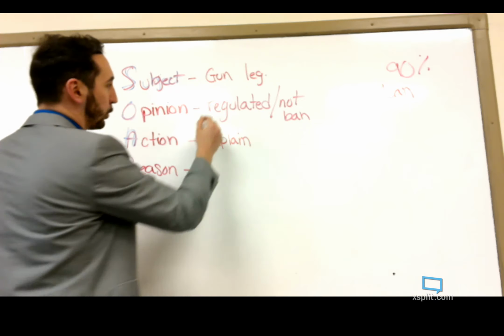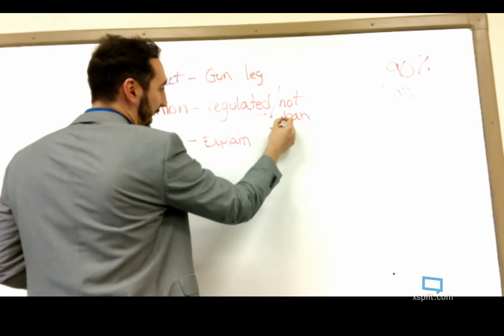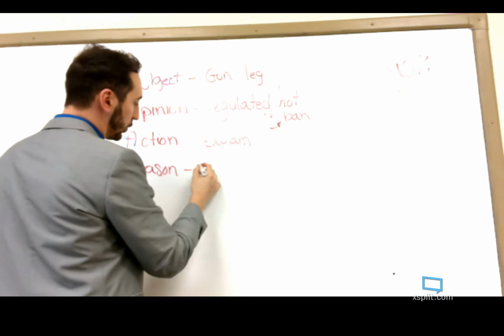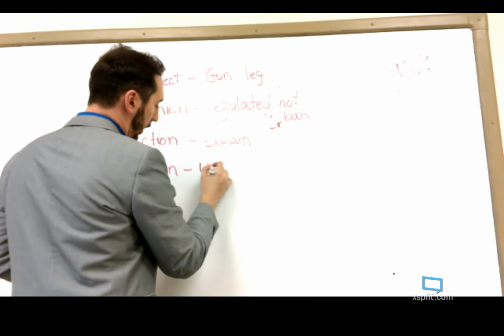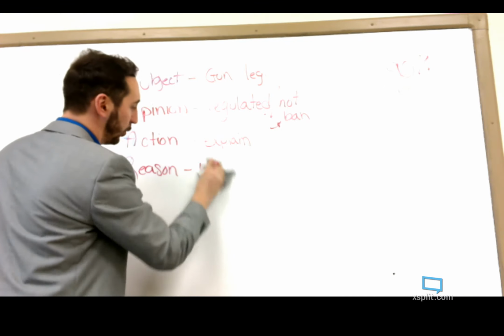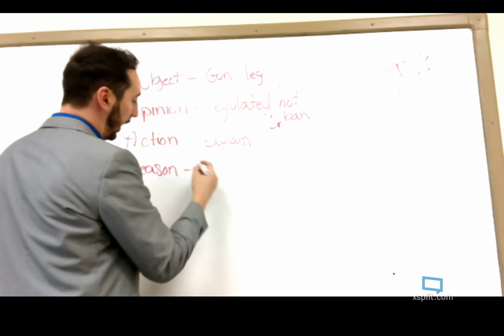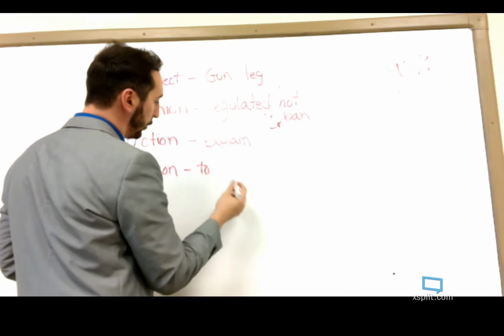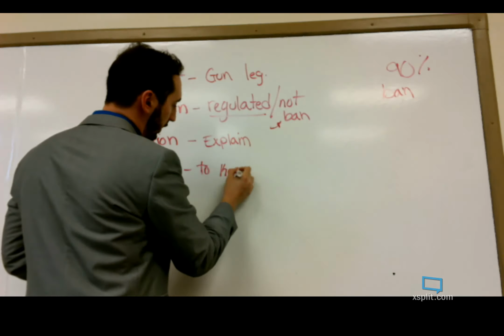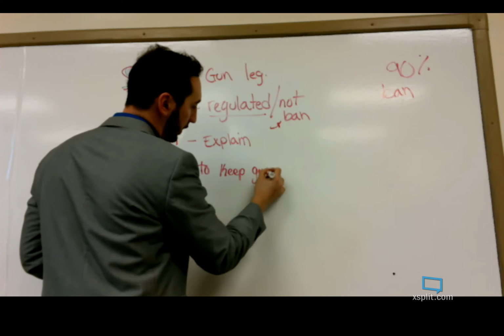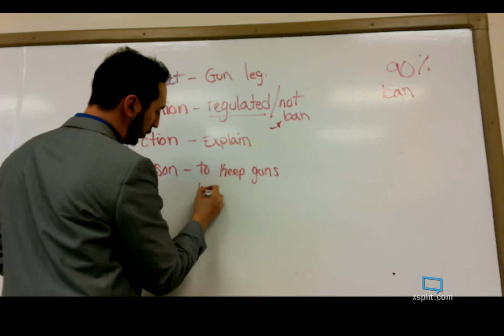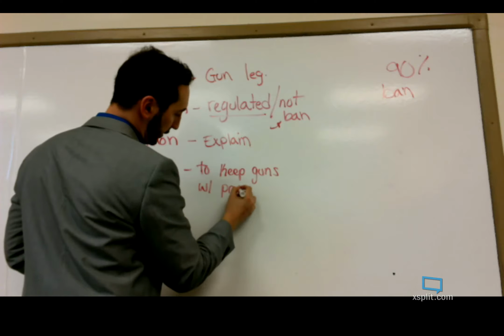So the reason we're going to regulate and not ban is because, well, not we. We are not writing your paper, you are. To keep guns with proper gun owners.